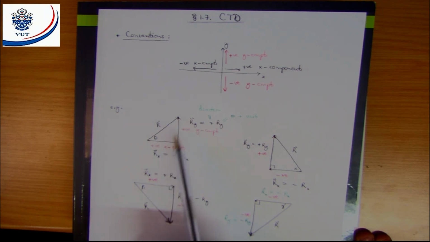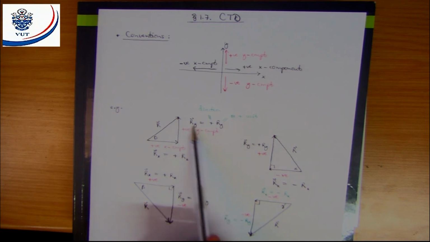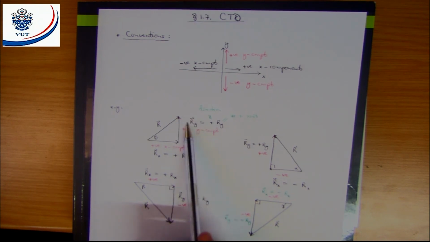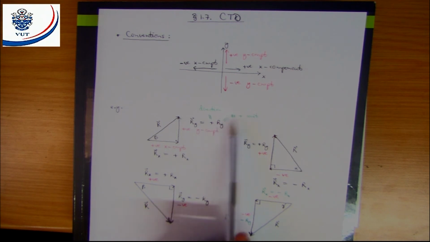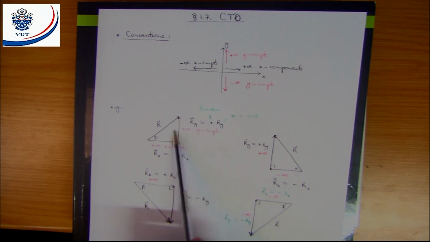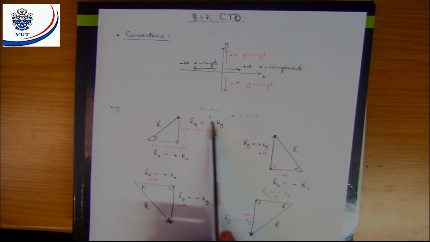So how do we write down the vector? Remember that we wrote down the magnitude. In this case, the magnitude of this vector is just ry, that's the number plus the unit, and then the direction is given by the positive. The fact that this has a positive y component, we just write a plus in front of it, and that plus is the direction.